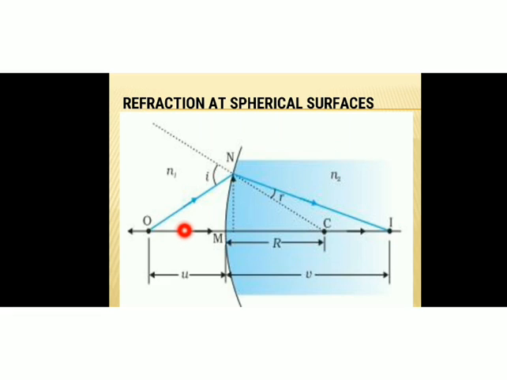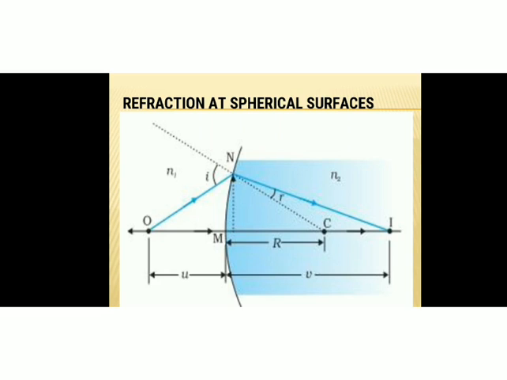Now we are going to do some mathematical expressions in order to derive a formula for refraction at spherical surfaces. So we are going to derive a relationship between U, V, R, N1 and N2. For that, some assumptions have to be made.